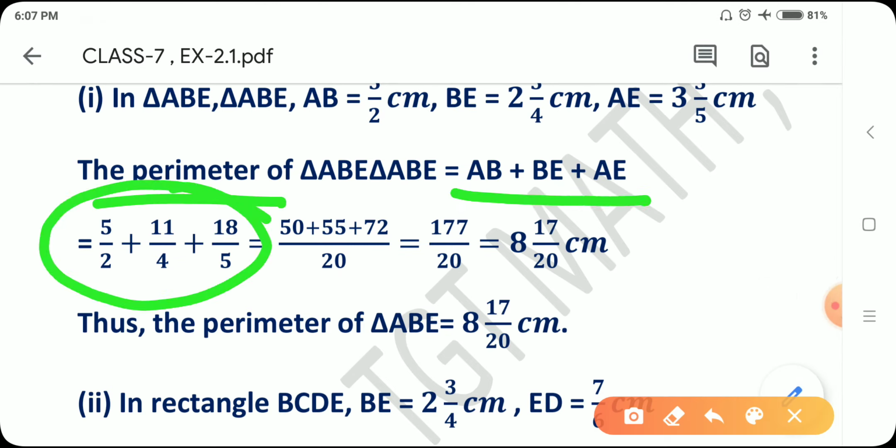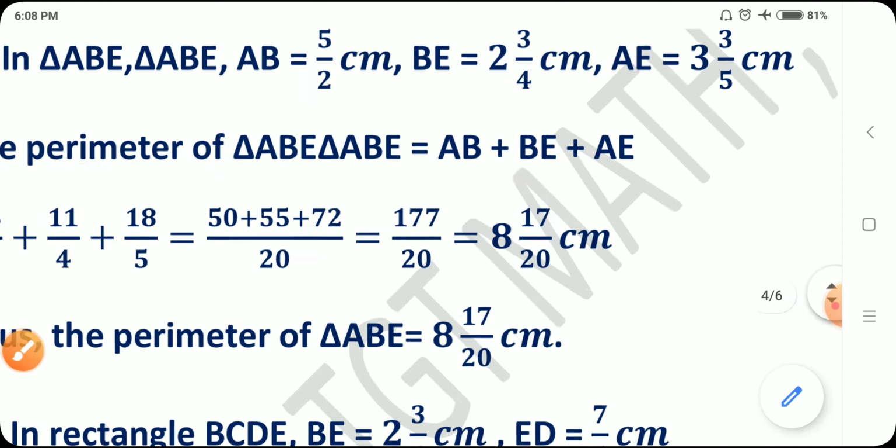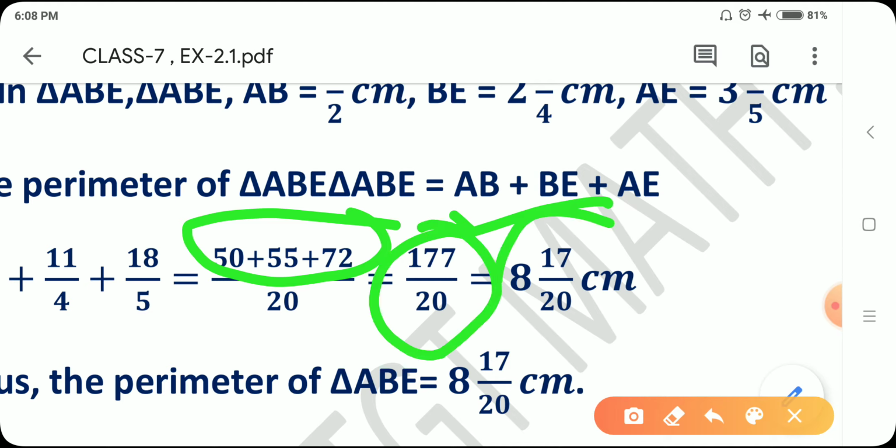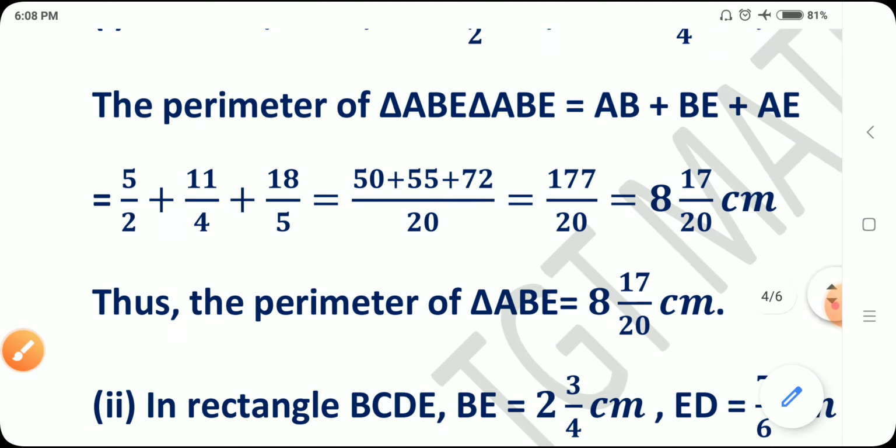Adding these three, you know that first you will take LCM and then dividing this denominator with all these three and multiplying the answer with the numerator terms, then you will get this. Now adding all these terms you will get 177 upon 20. Changing this improper fraction into mixed fraction, this will be the perimeter of triangle ABE.